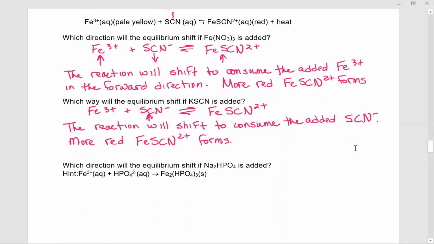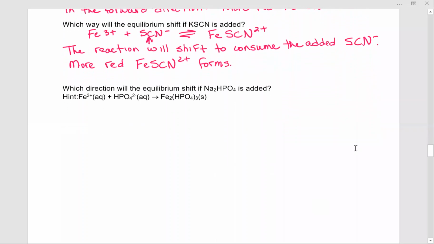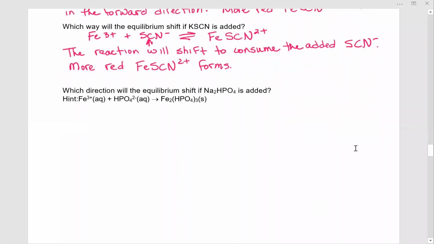Our last question is, which direction will the equilibrium shift if sodium hydrogen phosphate is added? And I've got a very important hint for you here. Iron 3+ plus hydrogen phosphate forms insoluble iron hydrogen phosphate. So I'm going to pause and you're going to give this a shot.